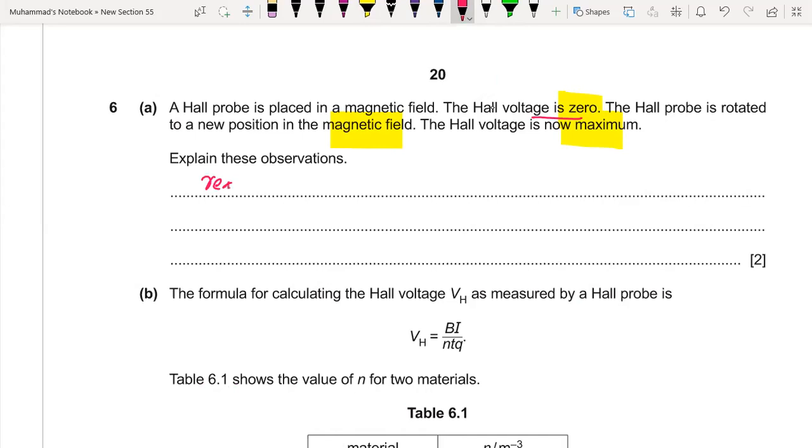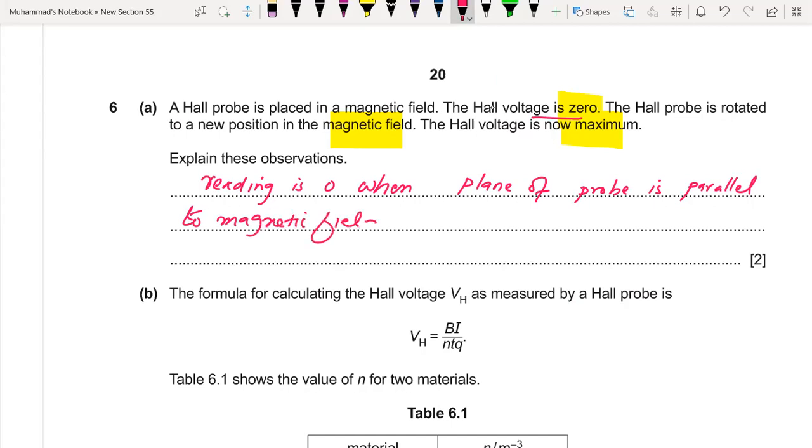Reading is 0 when the plane of the plate of the probe is parallel to the magnetic field, and it is maximum when it is perpendicular to the magnetic field.